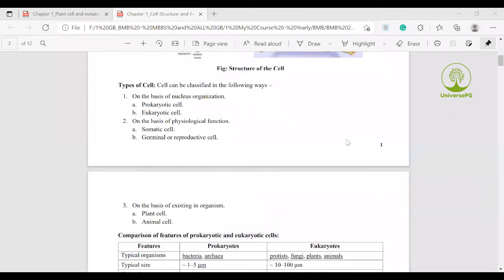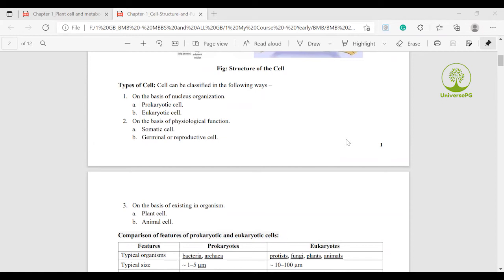Next, types or classification of cell. In this point, we know cell is generally classified in different ways. In the first point, we can classify cell on the basis of nucleus organization.